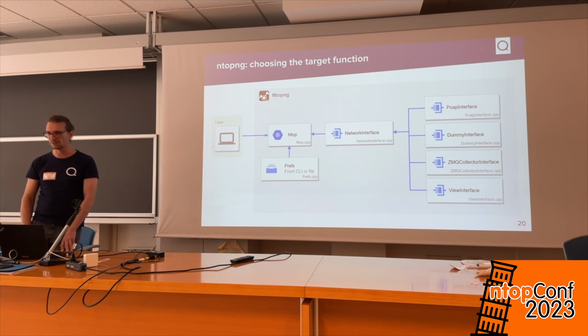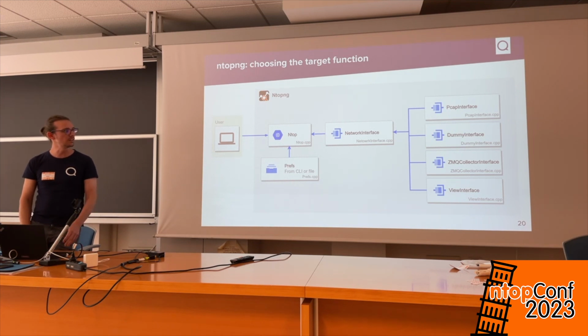After that, we load one or several network interfaces from which to load the traffic. And these network interfaces can be several different things. It can be a pcap file or just a regular interface.